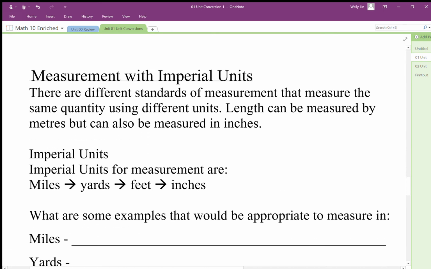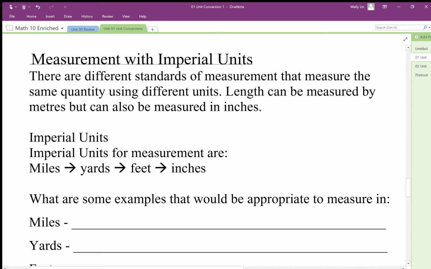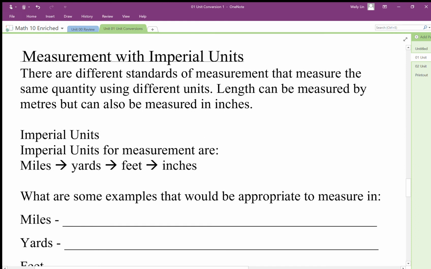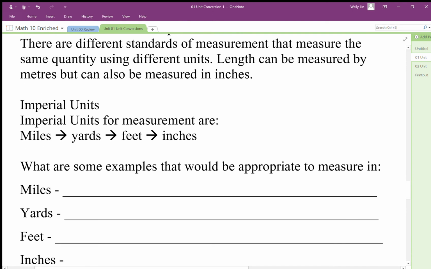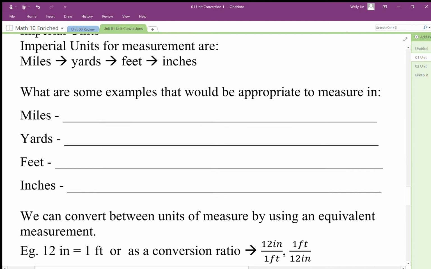So when we talk about measurement, we still use imperial units. So we need to be able to convert between imperial and metric, or SI. So we need to know what kind of units we're going to use when we're measuring things in miles, yards, feet, inches.